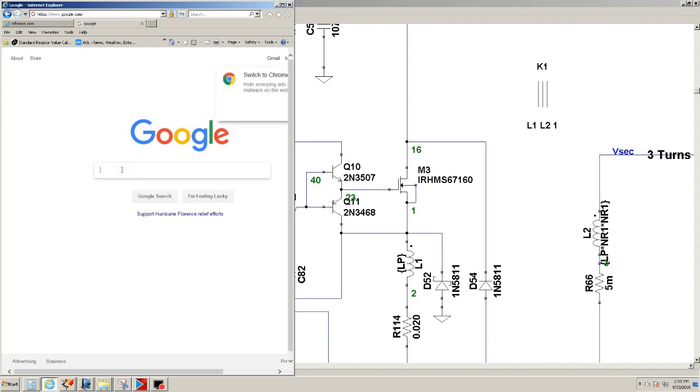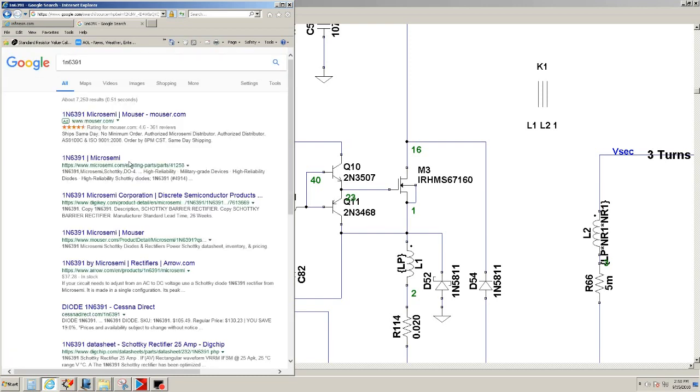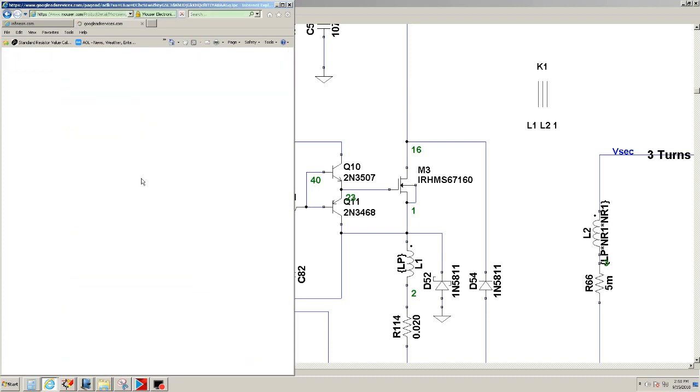So let's look at the 1N6391, and let's see if there's a data sheet that we can look at. This is actually a huge diode.